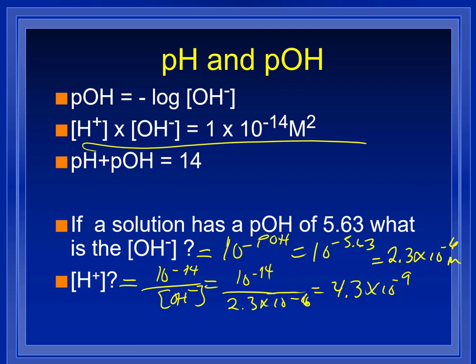I just pushed divided by answer. I still get 4.3 times 10 to the negative 9th. Yeah, it should be 4.3 times 10 to the negative 9th. It's a 2.3, not a 2.5.